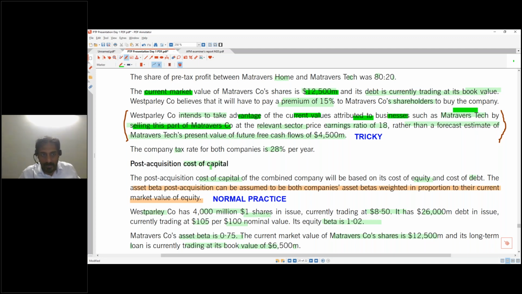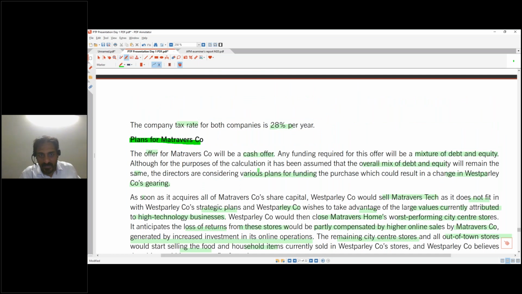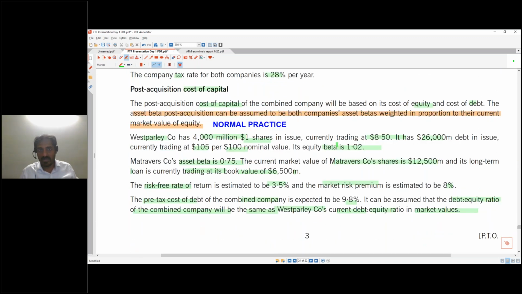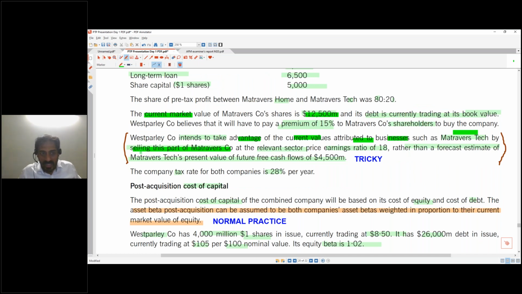In the question, the plan for Metaverse by West Parley is that they need to sell Metaverse Tech rather than continue. So once again, selling this part of Metaverse at a relevant P/E ratio of 18 rather than the forecast estimate of Metaverse present value of future cash flow, 4,500.